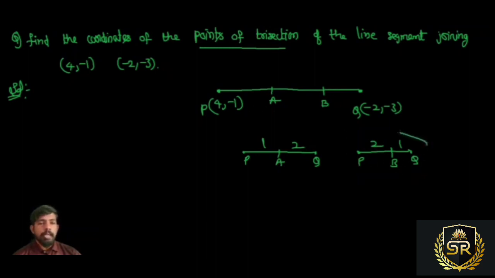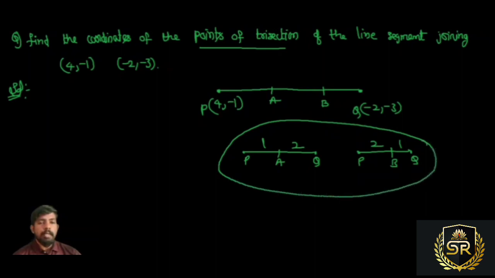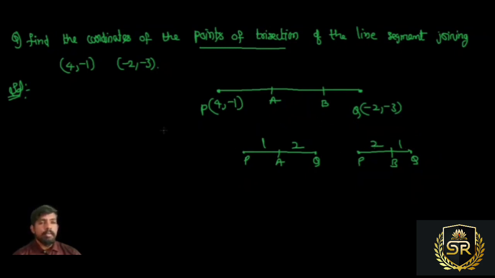Combined together, we are drawing this figure. So in general, A divides in 1:2 ratio, B divides in 2:1 ratio. Got it? Now remember this. Here points P and Q are given.